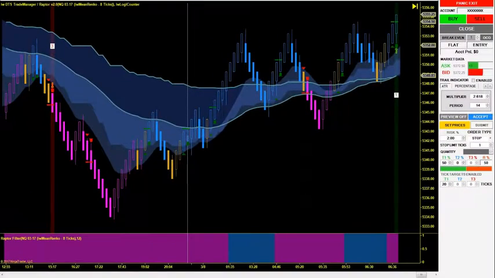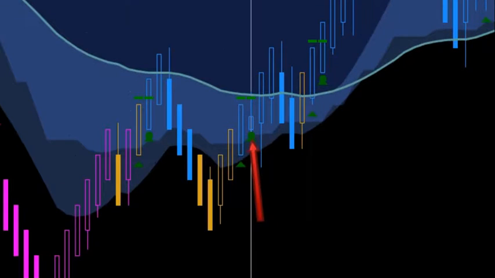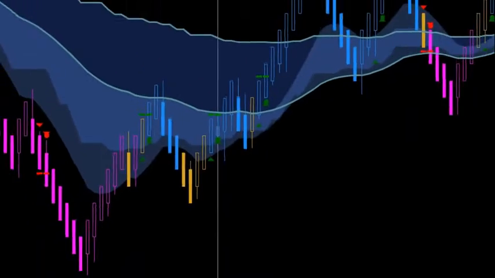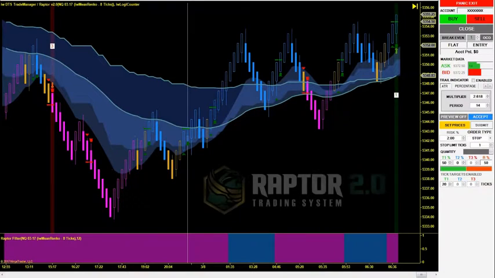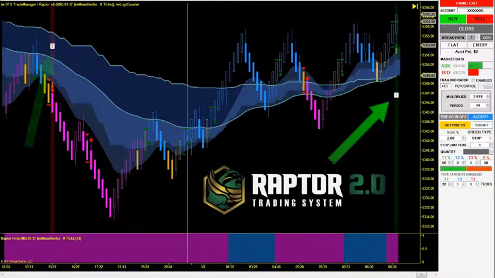However, you'll also see some other visual elements. So you'll see the little dot next to a signal, and then you'll see a triangle, and then a hash mark. Those are the original Raptor 1 signals, still 100% valid. However, they're not as high probability as the 1, 2, 3 boxes you see on the chart. And this is important because I believe that our trading system should evolve with the trader.